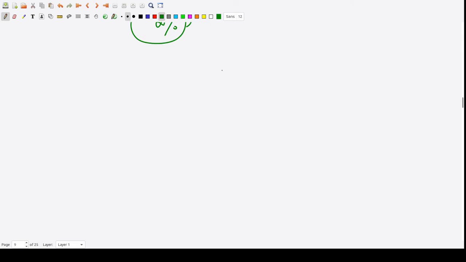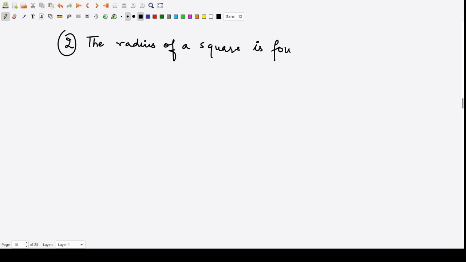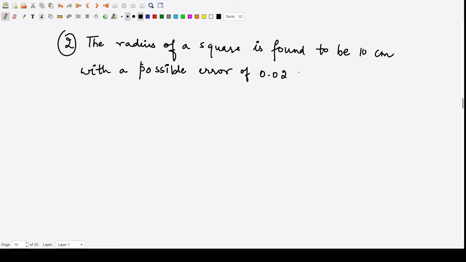So let's move on to the next problem. The problem is: the radius of a square is found to be 10 centimeter with a possible error of 0.02 centimeter.